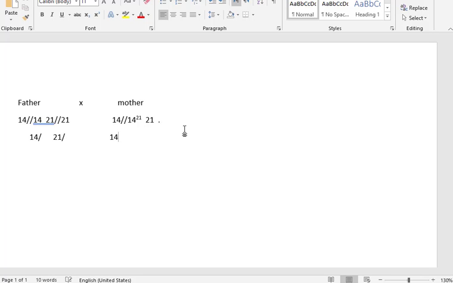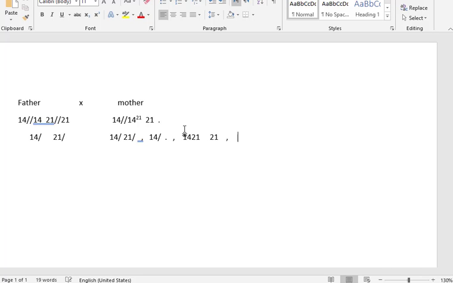She has 14 with 21. This is the first option for the mother. She has 14 with the dot, meaning nothing. She has the 14 with its 21 above it and 21.